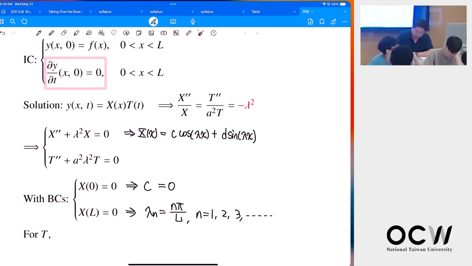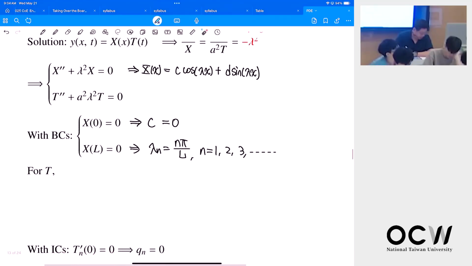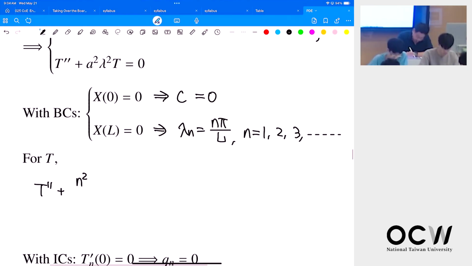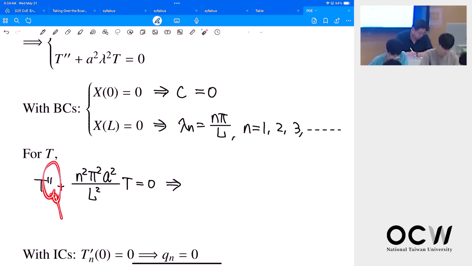Now we can also look at the equation for t, for the time. Since we found that lambda equals n pi over L, t double prime plus lambda squared a squared, that is n squared pi squared a squared divided by L squared, times T equals 0. And again you can see that this has a second derivative.